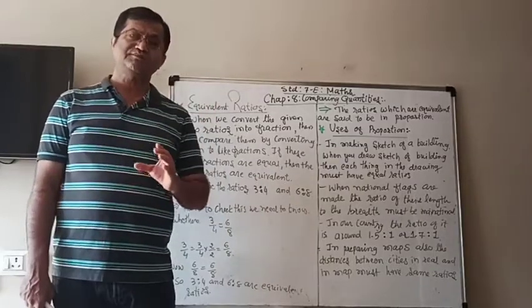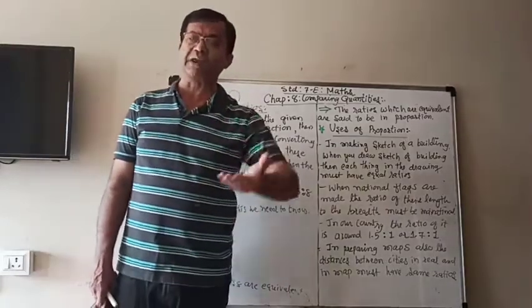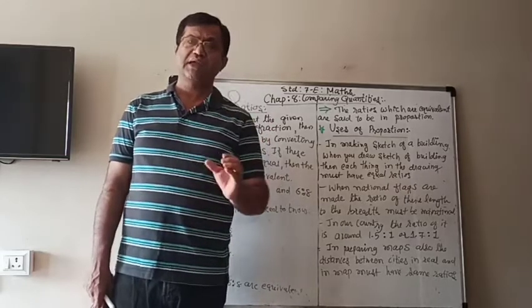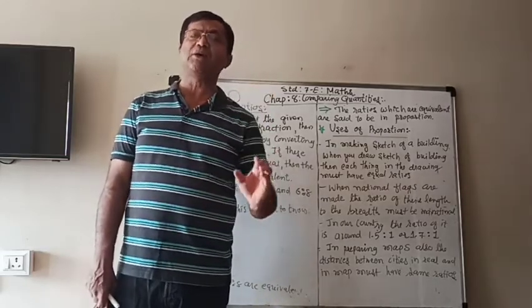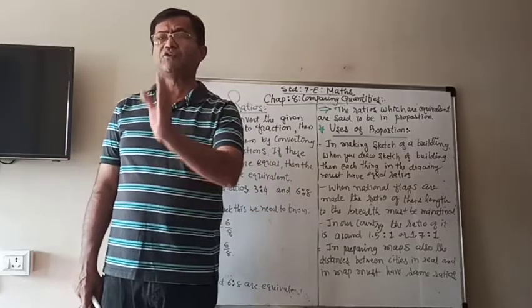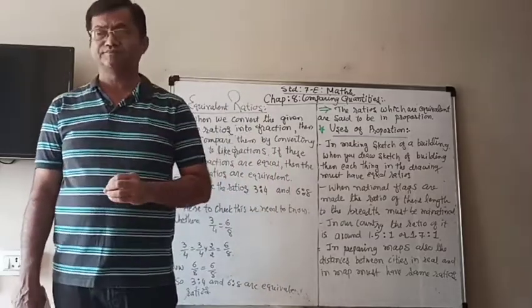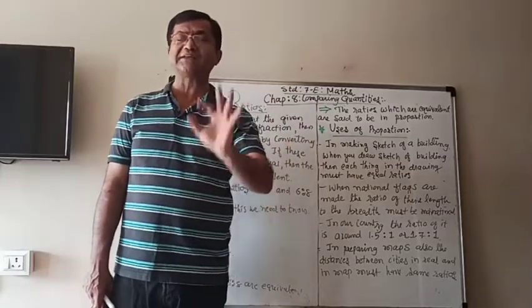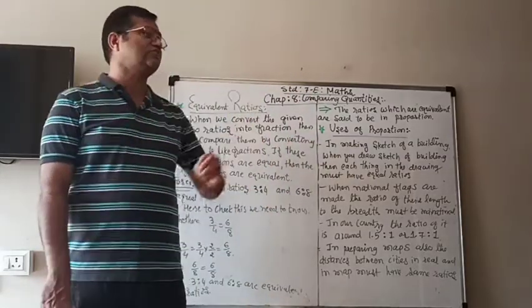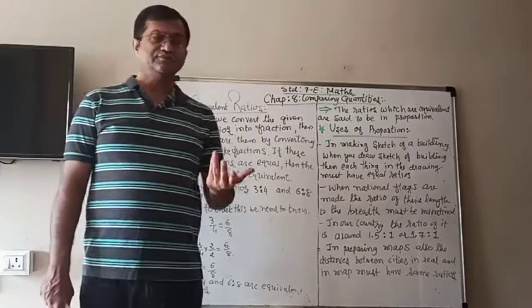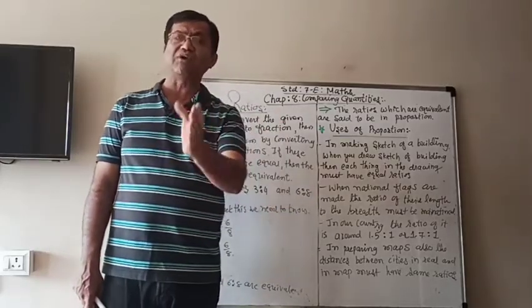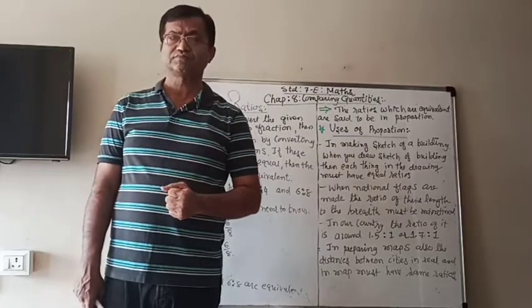Now if these like fractions are equal, it means that both ratios in their fractional form are equal. Then those two ratios are known as equivalent ratios. If they are different, then they are not equivalent ratios.